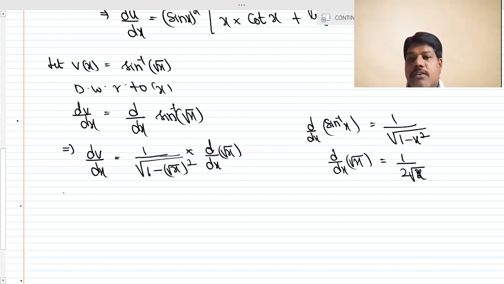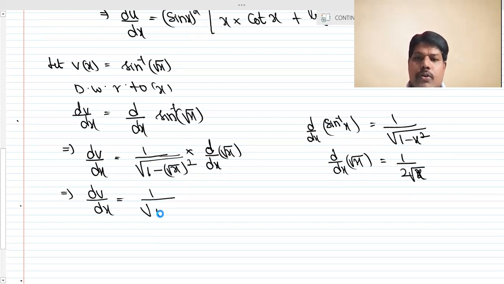So that implies dv by dx is equal to 1 by root of 1 minus x. The square and the root will be cancelled, into the derivative of root x, 1 by 2 root x. So what will we get, students?